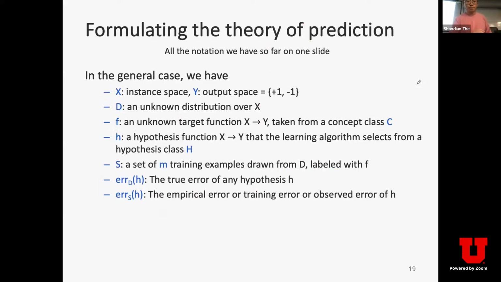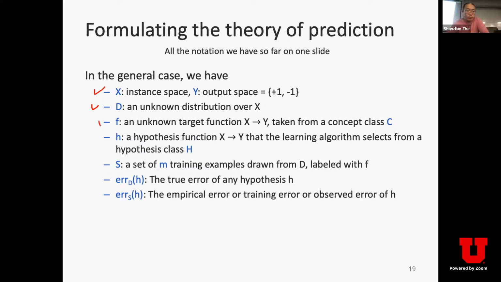Okay, so now we would like to formulate the theory of the prediction. In our supervised learning framework, we have an instance space, and an unknown distribution over the instance space, that is the data distribution.